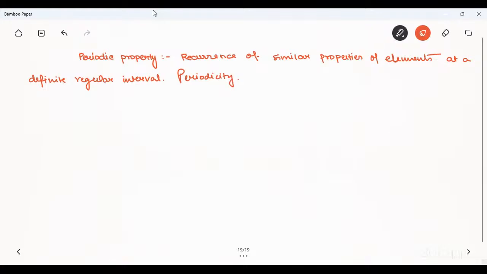And any property which is periodic in nature is called the periodic property. For them, they have asked how the following properties vary in a group or period.